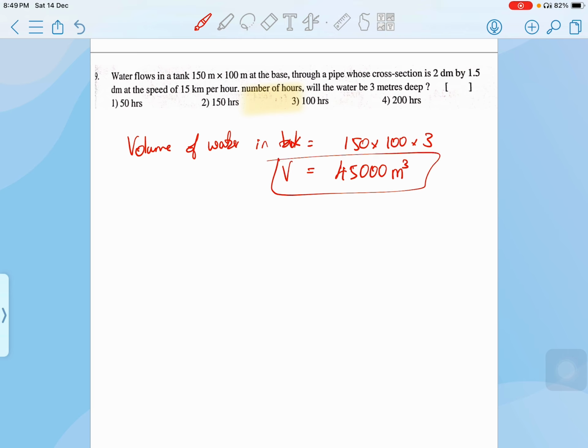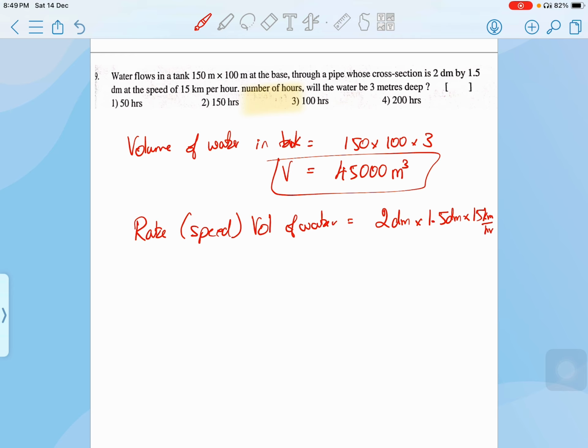Okay. Next we will see the rate of volume flowing. Okay, how much speed it is going. That is rate of speed, that is cross section into its speed what they have given. So basically, speed of volume of water flowing will be, that is, you have 2 decimeter into 1.5 decimeter into 15 kilometer per hour.